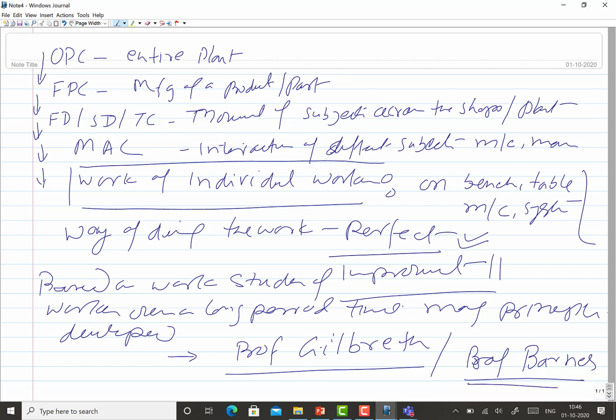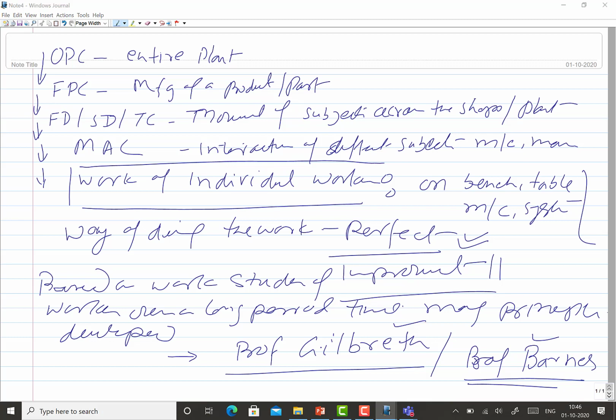So these two are the pioneer contributors in the field of studies related with the work of human beings at the job, when the work is being done by the worker on the table, on the machines.